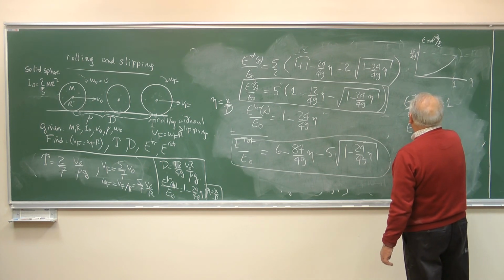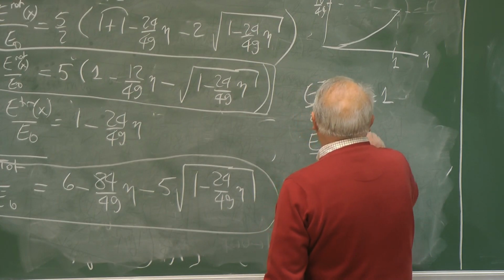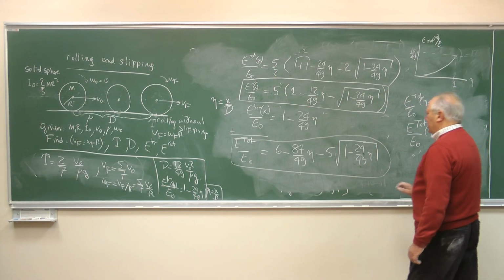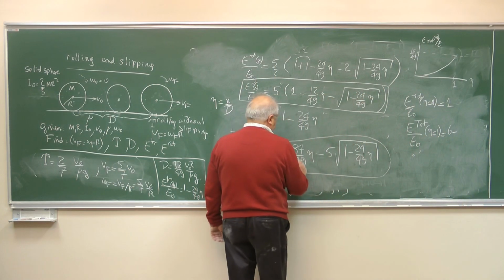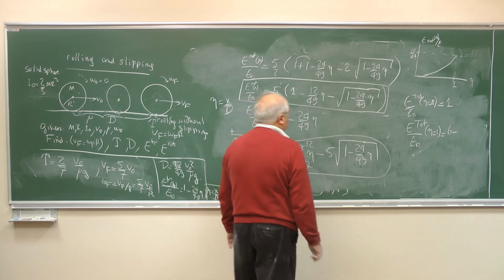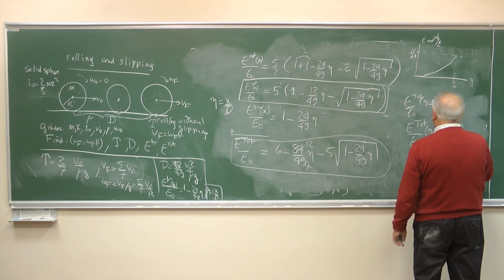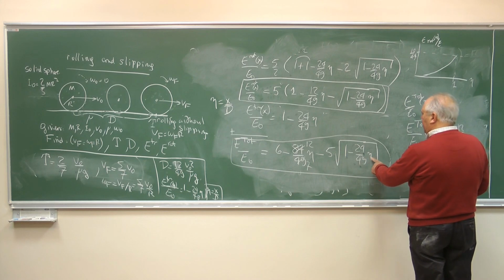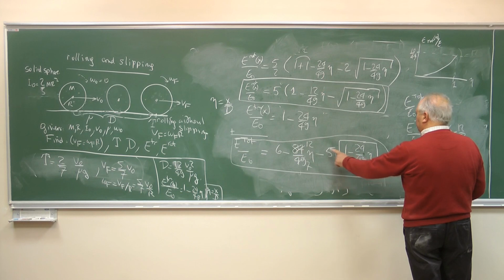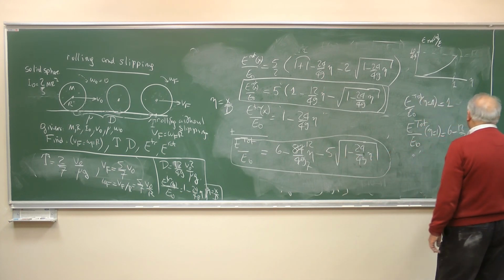At the point where it sets in, E total over E0 at eta equals 1 is equal to 6 minus, well, this thing actually simplifies by 7, and this is 12 over 7. Minus 12 over 7, and this is 1. 49 minus 24 is 25. Square root is 5. 5 times 5, 25. Minus 25 over 7.